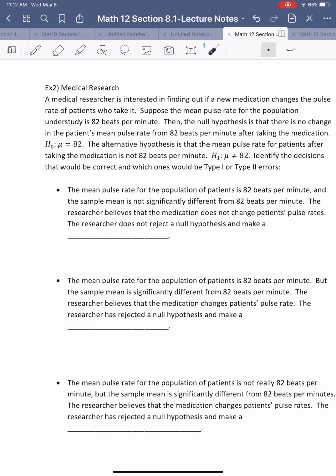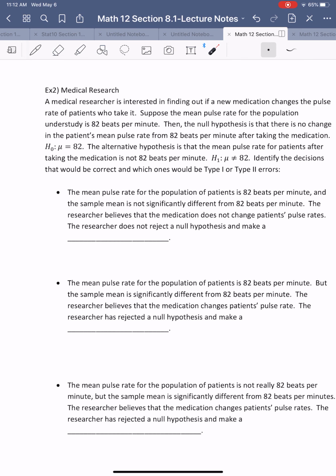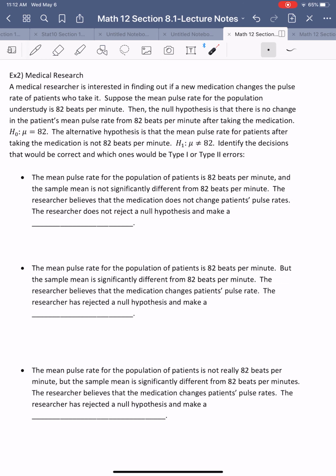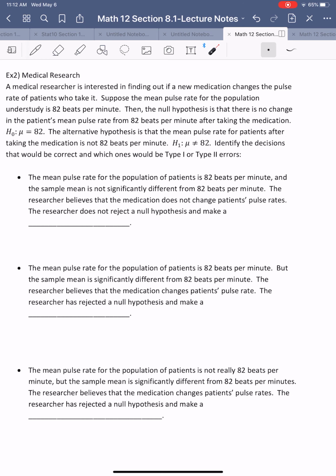Alright, so let's find out whether it is a correct or incorrect decision. Example 2, medical research. A researcher is interested in finding out whether a new medication changes the pulse rate of the patients who take it. Suppose the mean pulse rate for the population in the study is 82 beats per minute.